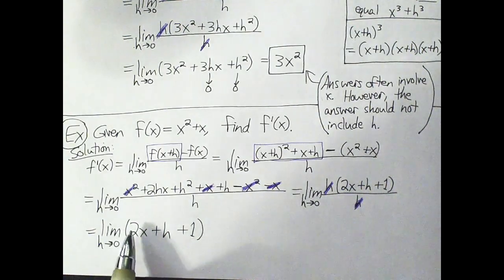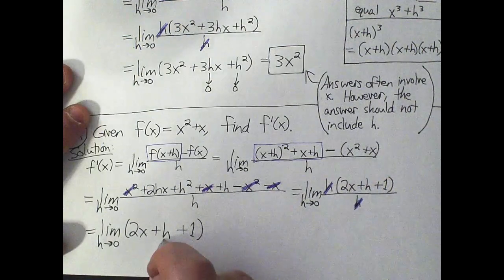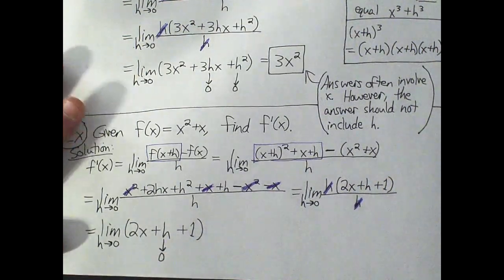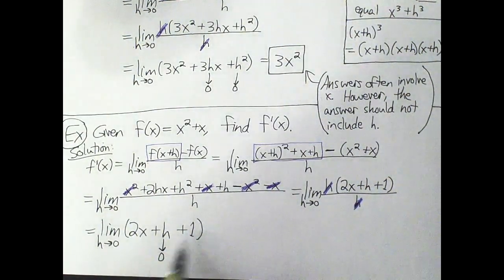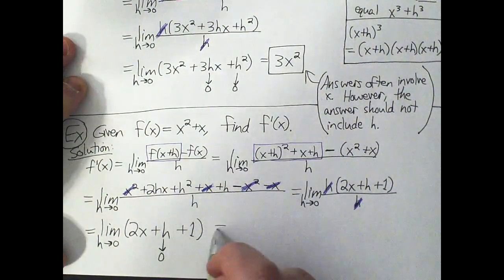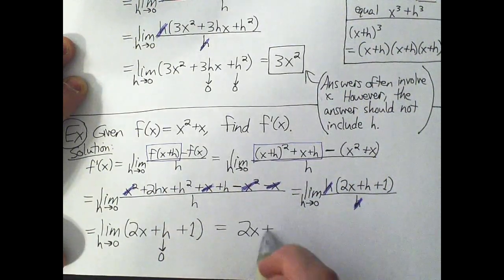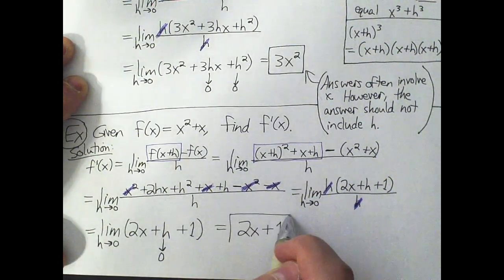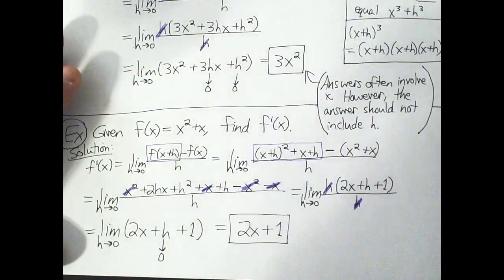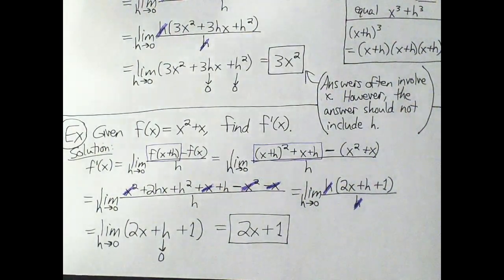There's no h's in there. The h, however, is going to be gone. That's going to be a 0. What happens to 1? The constant 1 is still just the constant 1. So my final answer to this is 2x plus 1. And there are no h's in the final answer.